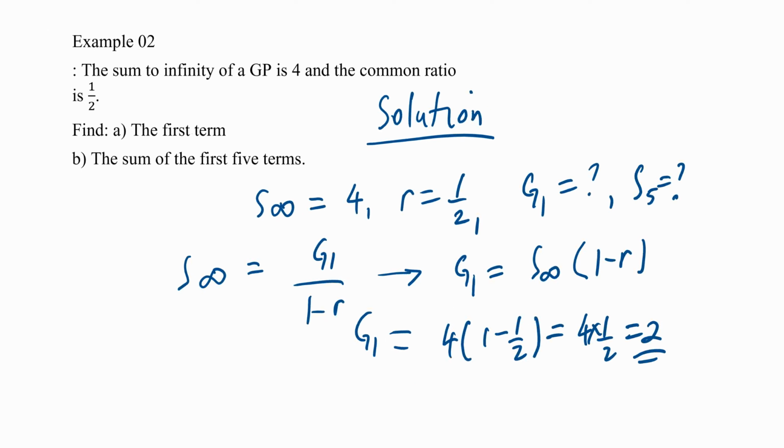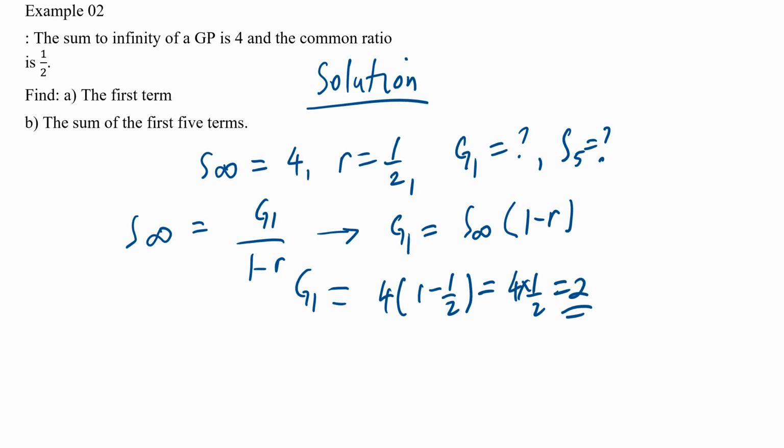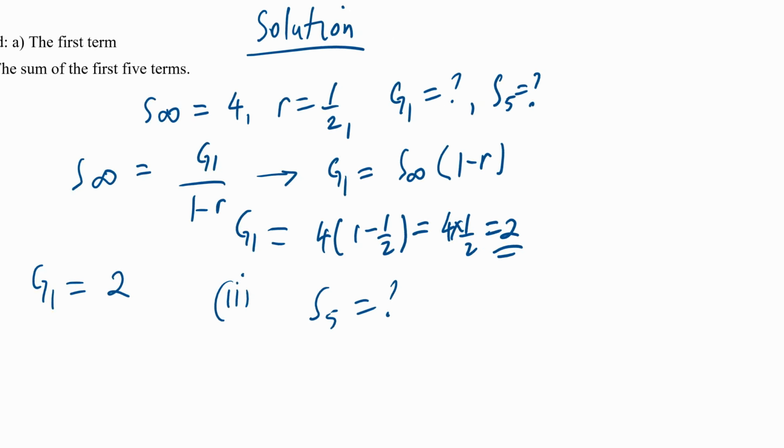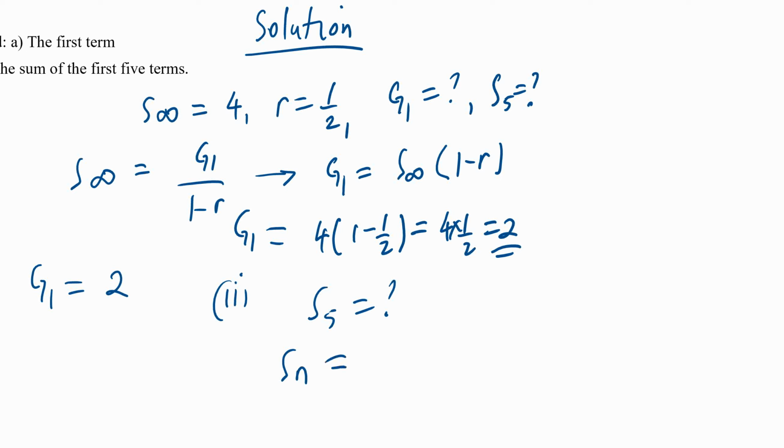So g1 equals 2, dear students. Coming to the second part, we are supposed to find the sum of the first 5 terms. The sum of the first n terms is g1 times (1 minus r to the power n) over 1 minus r.